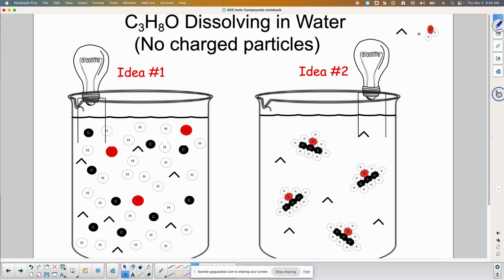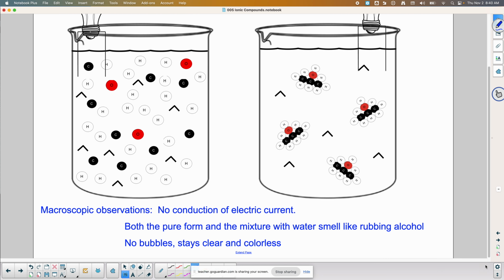The very fact that you could make that identification tells us that this isn't true. If idea one were true, the rubbing alcohol wouldn't smell the same as the isopropyl alcohol. Not only that, if idea 1 were true, we'd probably see some bubbling when we dissolved it, because the hydrogens would buddy up and the oxygens would buddy up.